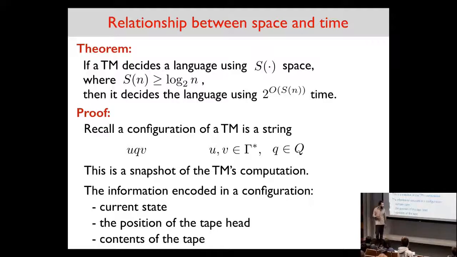Now, we are working in the setting of space complexity, so we are really thinking about 2-tape Turing machines: a read-only input tape and a read-write work tape. So a configuration for us is going to encode the current state, the position of the tape heads, but now there are 2 heads, one for the work tape and one for the input tape, and then also the contents of the work tape.